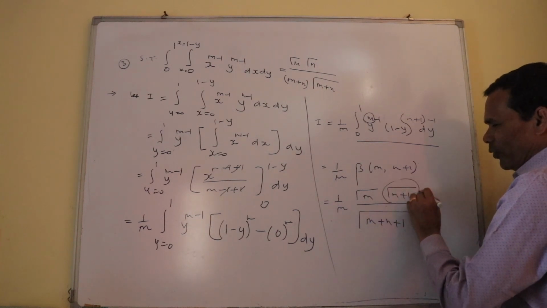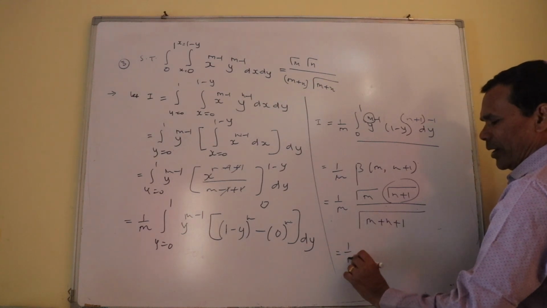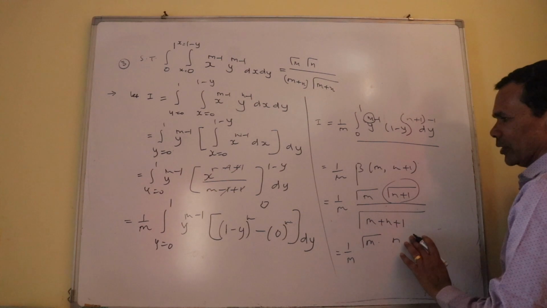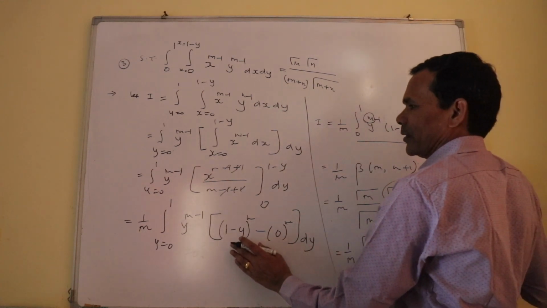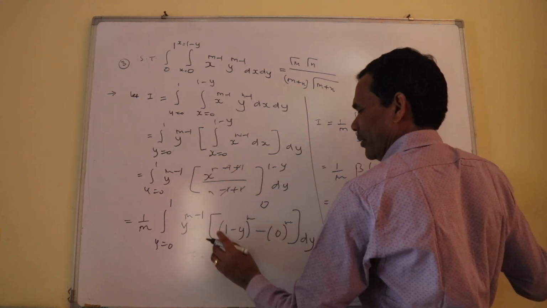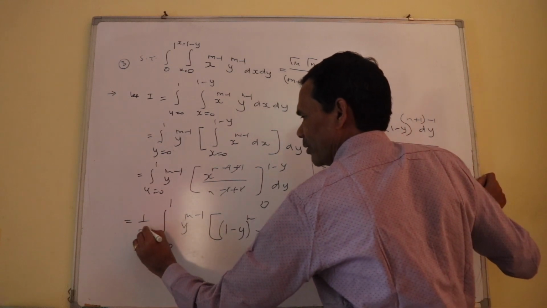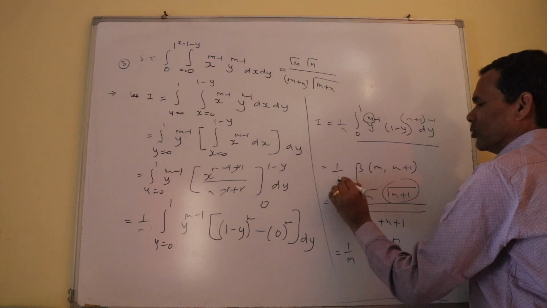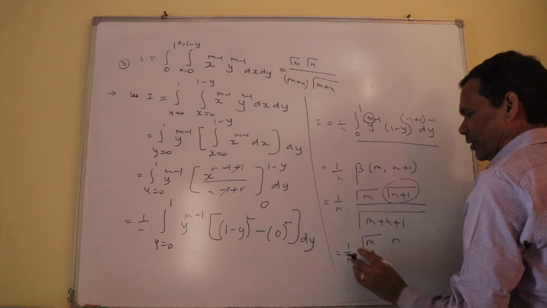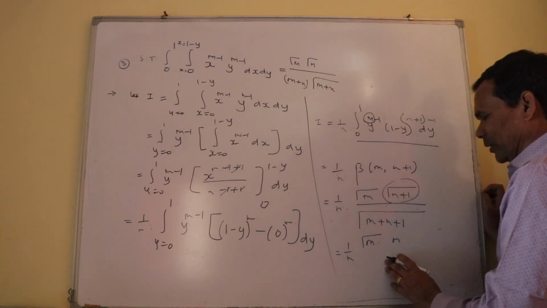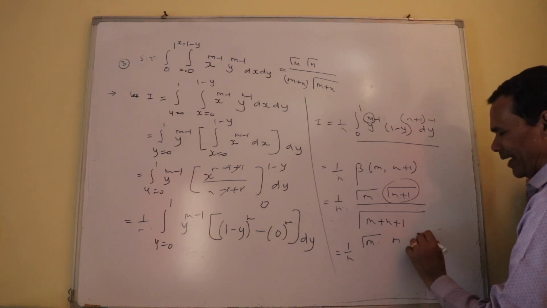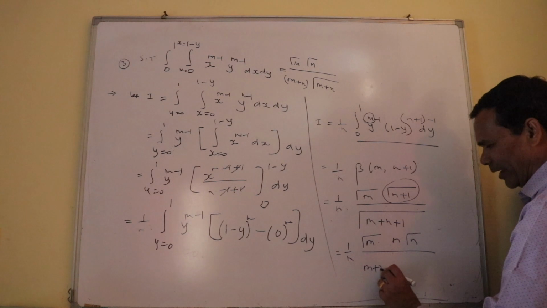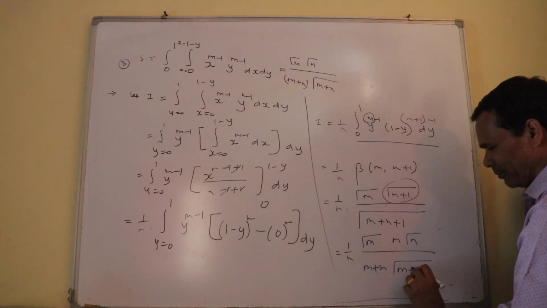Now by the reduction formula of gamma function, 1 upon m gamma m, n into gamma n. So finally this is n gamma m gamma n divided by, by the reduction formula, m plus n gamma m plus n.